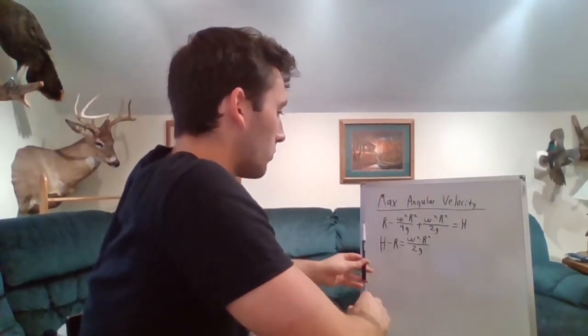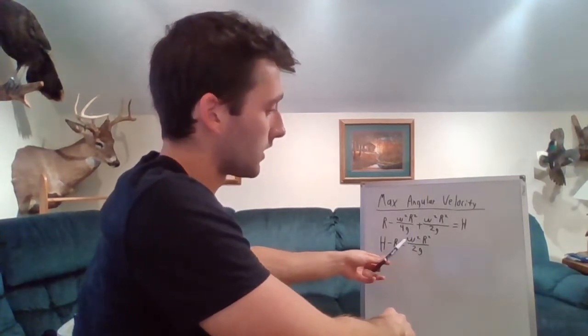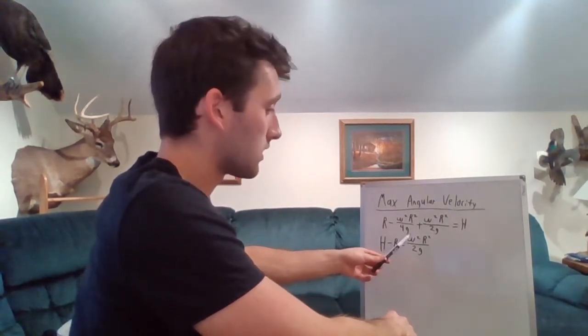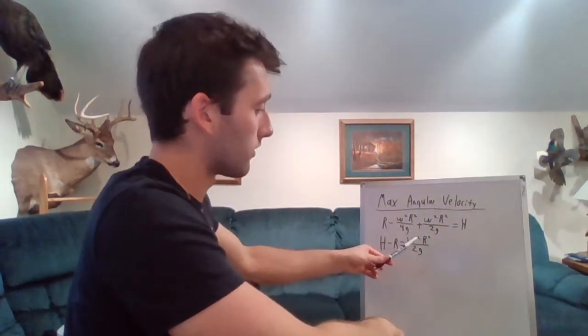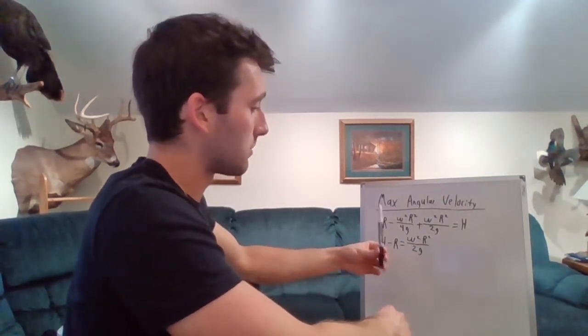So now we can go ahead and try to get angular velocity by itself. What happens when we do that is we'll divide by this R squared and multiply by 2G.